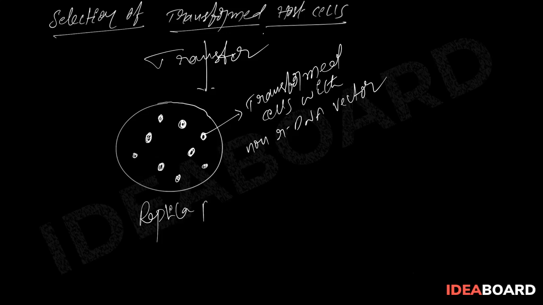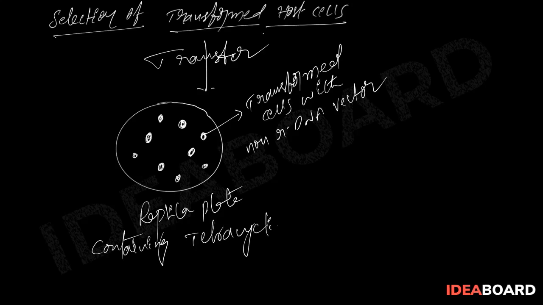This is what we call the replica plate containing tetracycline. A sterile velvet cloth will be placed on the tetracycline medium. The colonies will first adhere to the velvet cloth, then it is placed on the ampicillin medium.